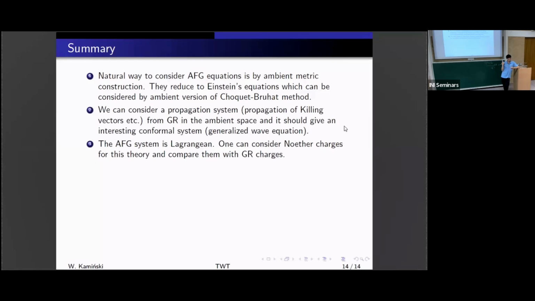And this is true in any dimension. So there is a relation, and in 4 dimensions one can use this relation to renormalize the symplectic form and obtain some properties of the charges, but I will not talk about it. Okay, thank you very much.